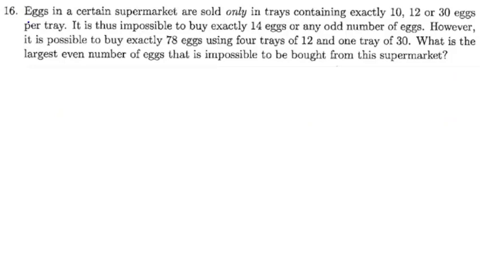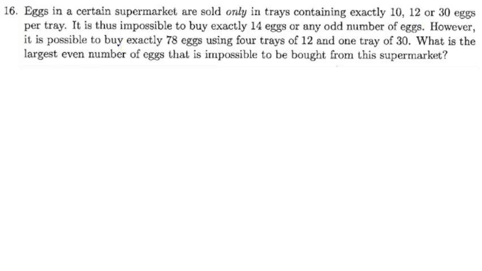Problem number 16. Eggs in a certain supermarket are sold only in trays containing exactly 10, 12, or 30 eggs per tray. It is thus impossible to buy exactly 14 eggs or any odd number of eggs. Yes, because you can't create 12, 14 or odd.